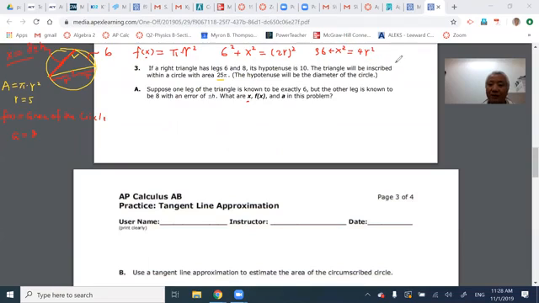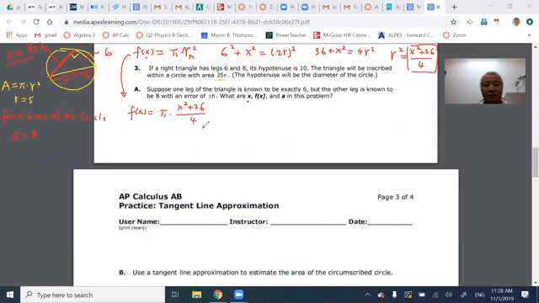Then r squared equals (x squared plus 36) divided by 4. We plug this back in, so f(x) equals pi r squared, which is pi times (x squared plus 36) divided by 4. So we got this now.